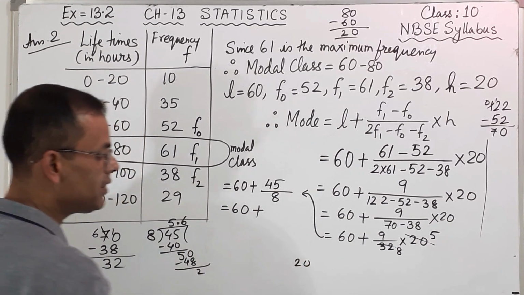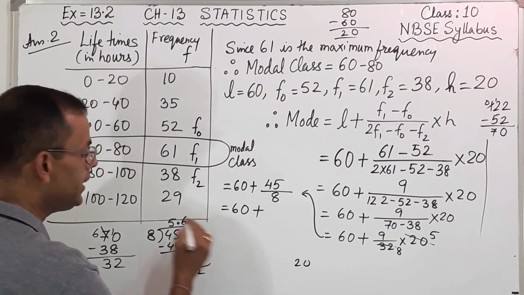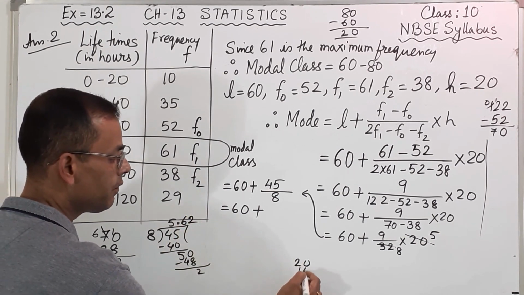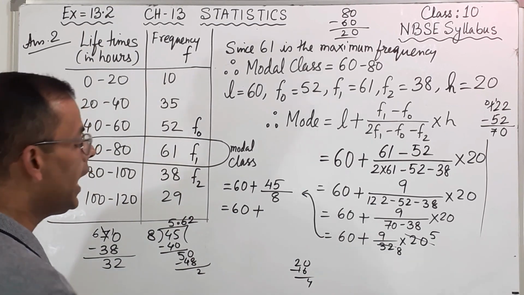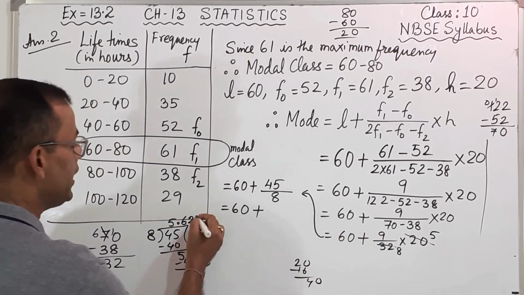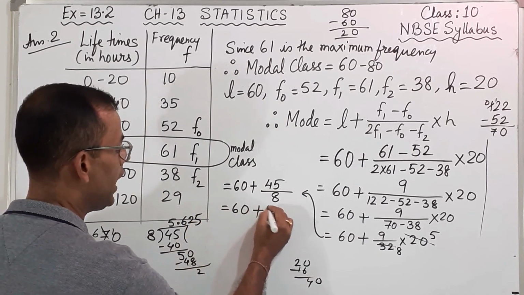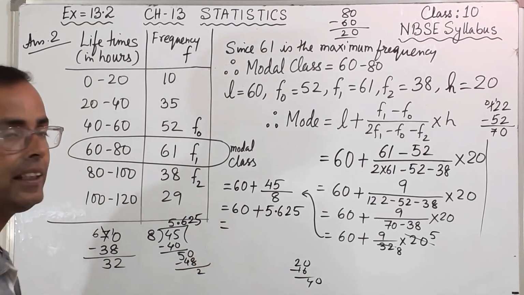Then I will put again 0. So 8, how much are 20? 8 2s are 16. So 4 comes. And then again I can put 0. So 8 5s are 40. So what you get? 5.625.